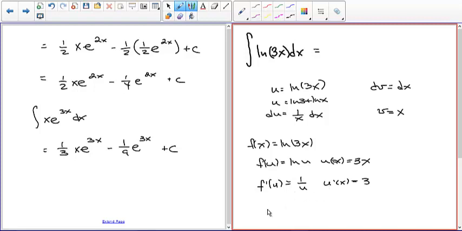Then the chain rule says f prime of x equals f prime of u times u prime of x. So I get 1 over u times 3, but u is 3x. So I get 1 over 3x times 3, and the 3's cancel out. And you get 1 over x, which is what we got here.